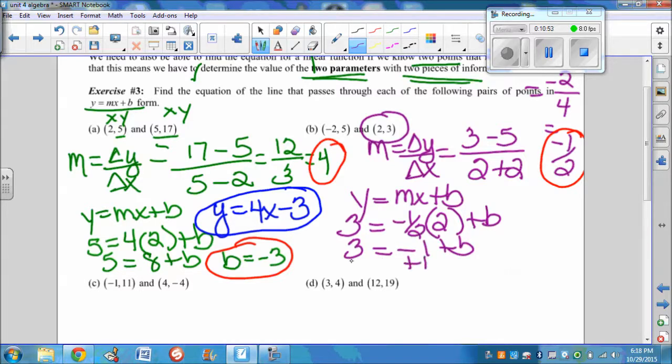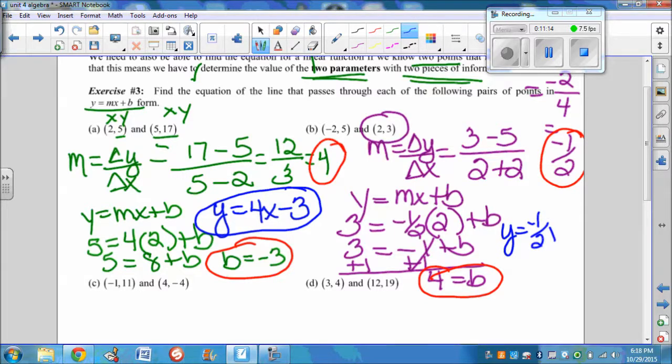Solving for b, I add 1, and I get 4 equals b. There's my second parameter, the second piece of information I need to write the equation of this line. y equals negative 1/2 x plus 4.